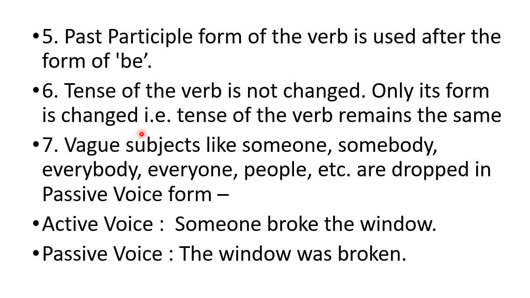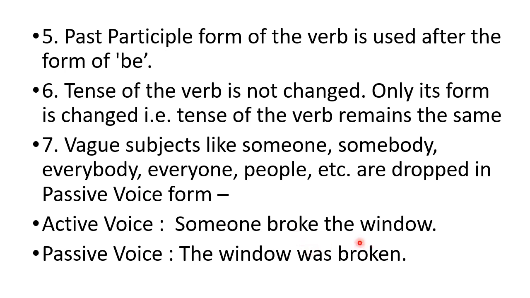Vague subjects like someone, somebody, everybody, everyone, people, etc. are dropped in passive voice form. For example, if I say someone broke the window, then when I convert it into passive voice, first of all, the window, which is the object in active voice, will become the subject in passive voice. The window was broken. Was is the form of be. Broke, according to tense, will be taught to you later on.